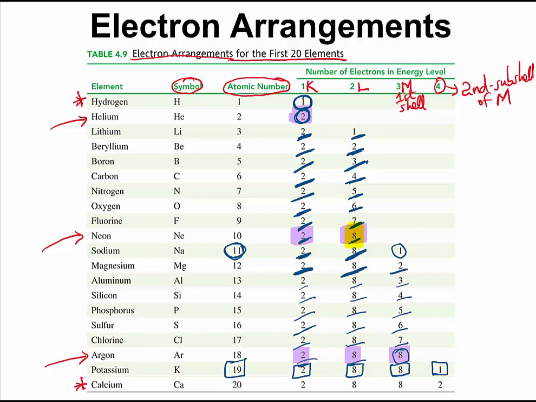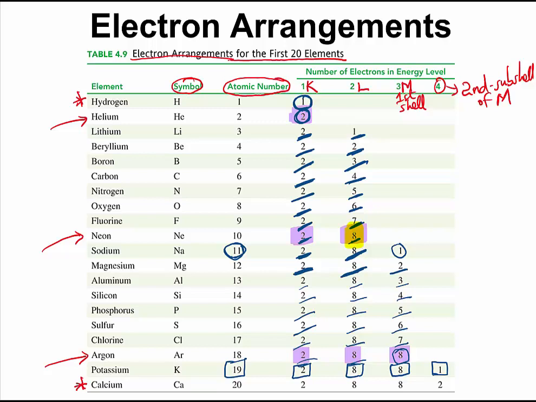Helium has only 1 shell, the K shell, and the K shell is completely filled. Neon has 2 shells, K and L. Both of them are completely filled. Argon has 3 shells. The 3 of them are completely filled.